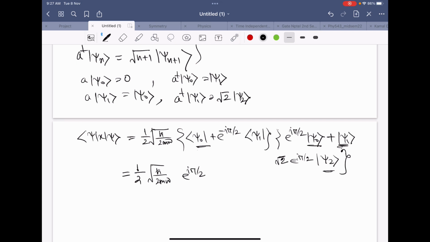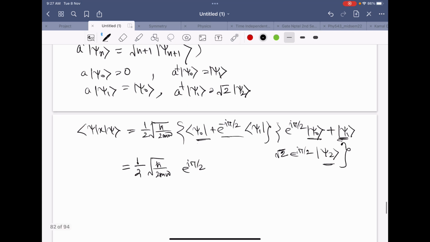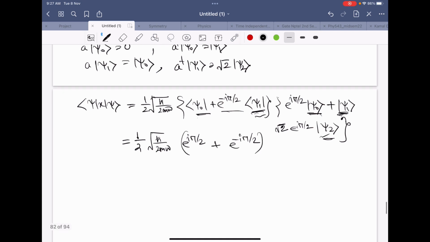So we have only e to the power i pi by 2. Now psi 1 with psi 0 is 0, being orthogonal. Psi 1 with psi 1 gives us 1, so this is e to the power minus i pi by 2, and again psi 1 with psi 2 is 0. So we are only left with these two terms.